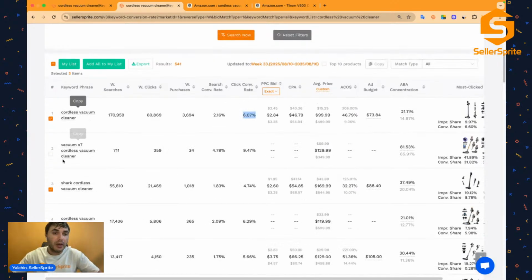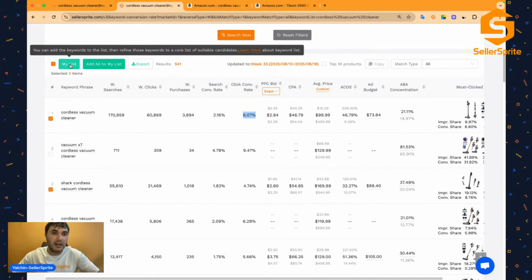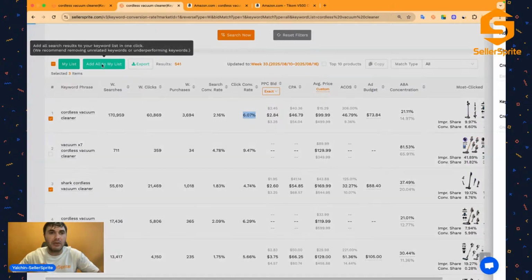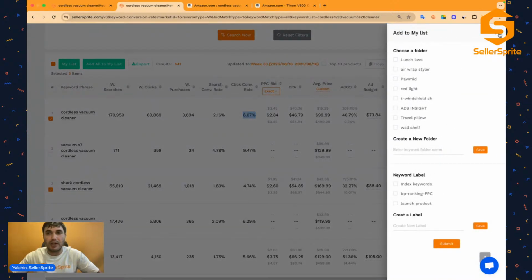Okay, for example, I selected 3, and my list, this is the previous keyword list. I can select one of them, launch product, and save. Or if you want to create a new one, you can add to my list. From here, you can add the previous one, or you can create a new one like conversion.